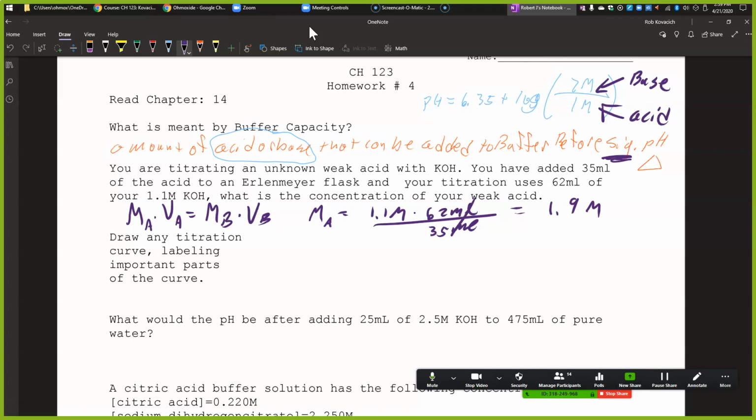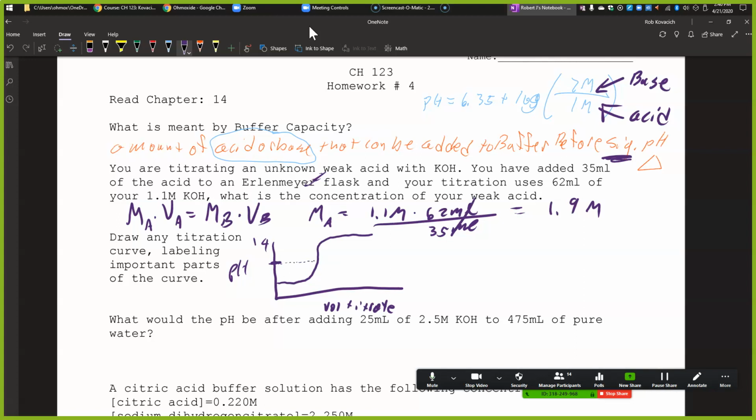Draw any titration curve and label the parts. Okay, so pH is on the y-axis and volume of titrant is on the x-axis. Let's do this guy up here. This is going to be somewhere near 14, and this is going to be, what should I put right here?